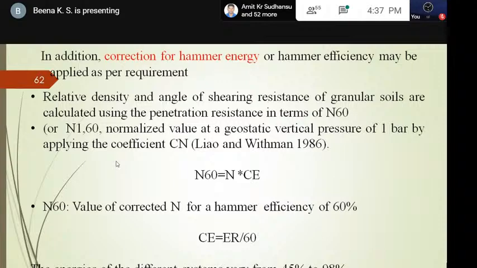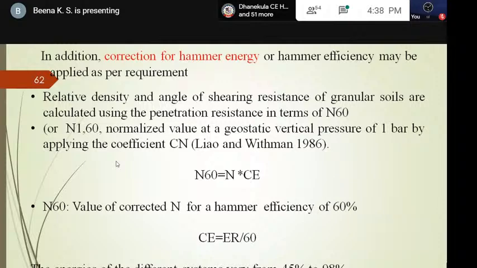Then relative density and angle of shearing resistance of granular soils use the penetration resistance in terms of N60 instead of N. N60 is the normalized value at a geostatic vertical pressure of 1 bar, applying a coefficient Cn. So N60 is equal to N into Ce correction. The value corrected for hammer efficiency is Ce, given as ER by 60.